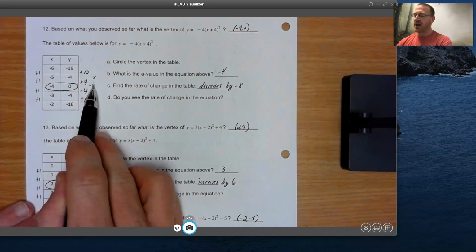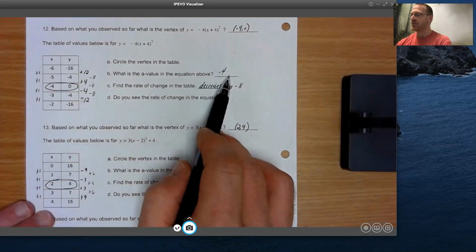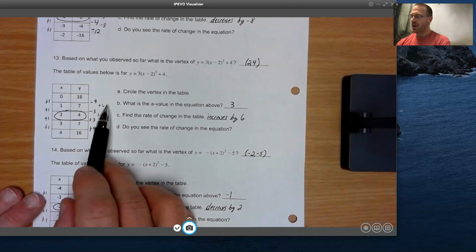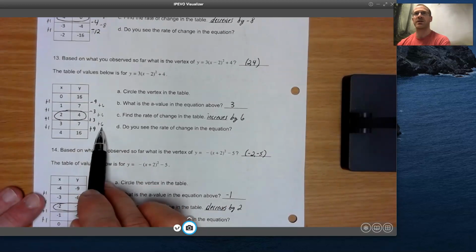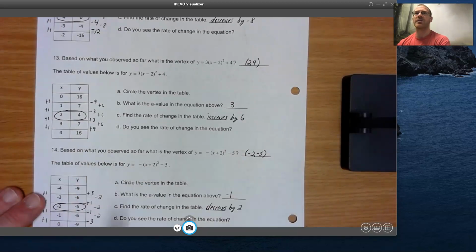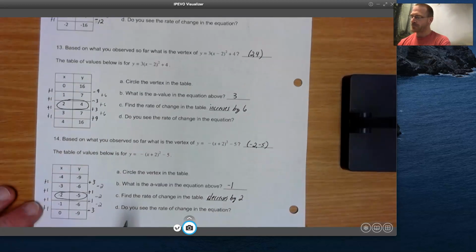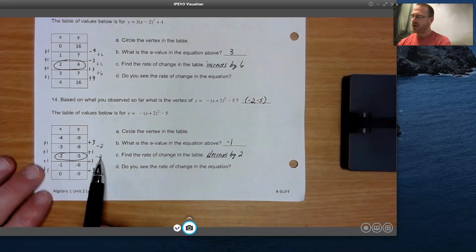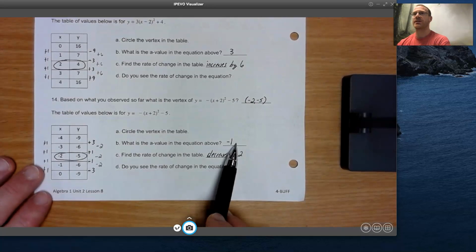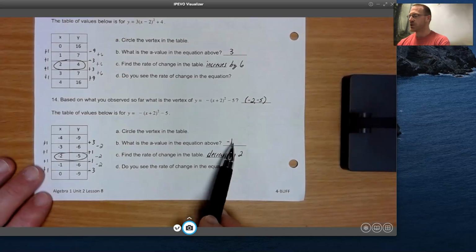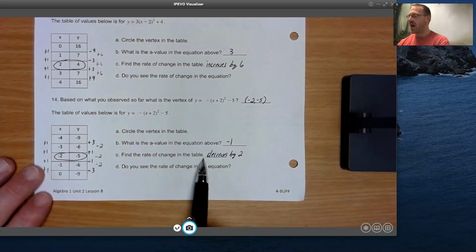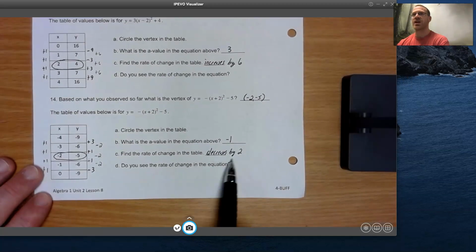Down 8, down 8, down 8, my A value is -4. +6, +6, +6, my A value is 3. -2, -2, -2, my A value is -1. So that's a big pattern that we wanted you to pick up on, is that your A value is always going to be half of how your rate of change is changing, right?